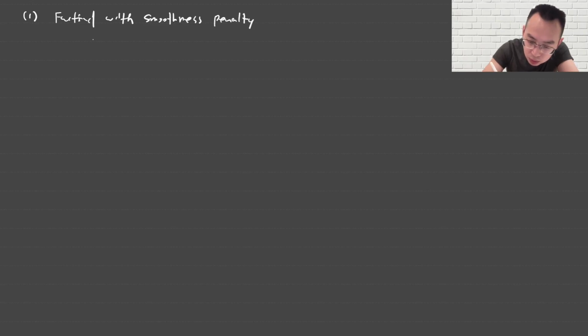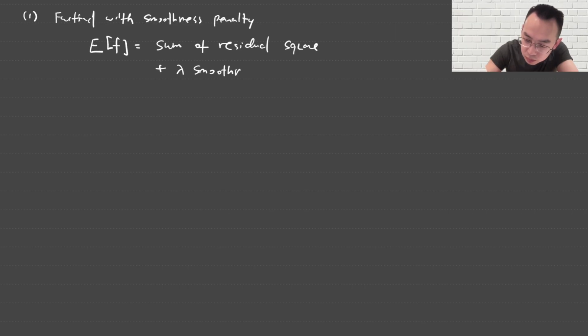So remember that our E of f equals the sum of residual squares plus lambda times the smoothness penalty, right? So that's our functional to start with.